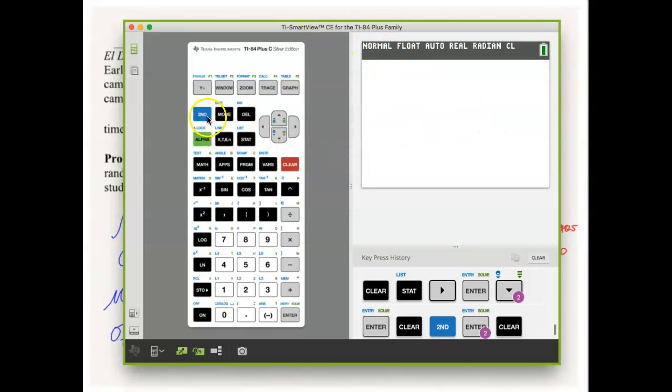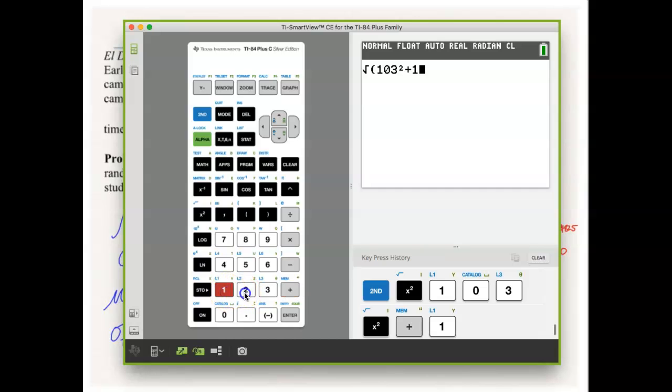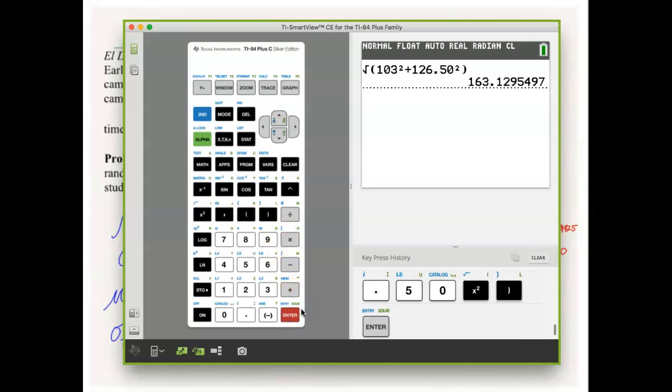So I'm just going to do the square root of 103 squared plus 126.50 squared. So that's all under the square root. All right, so I get 163.13 approximately.